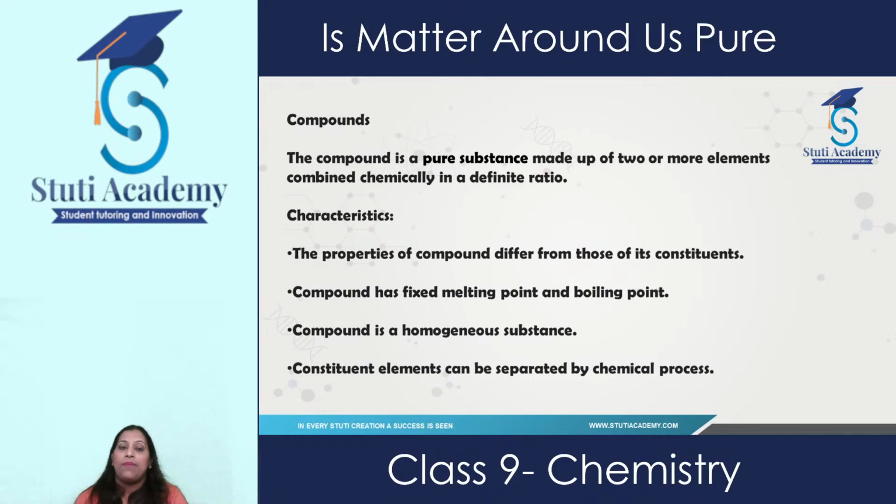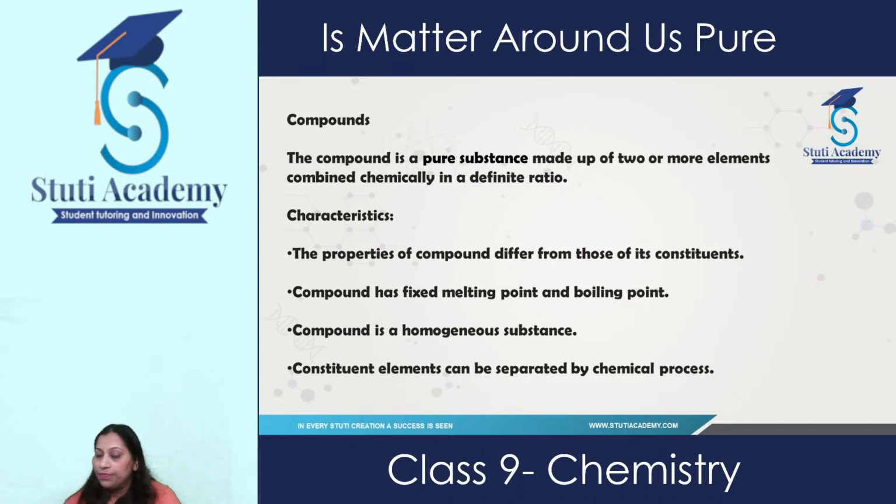And if we study their characteristics, the properties differ from those of their constituents. It means when you take two elements together and mix them, and a new compound is formed, that compound's properties are entirely different from those of the elements which were involved in its making.